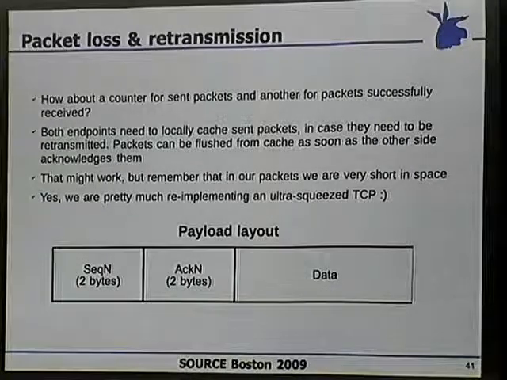We want to keep it short, hence we pick 2 bytes for sequence numbers and 2 bytes for acknowledgement numbers. It is sufficient, actually. It's probably too much, we could even go less, but surely not more. This is probably familiar to you. It's basically what TCP does, and we implemented it ultra squeezed for UDP.